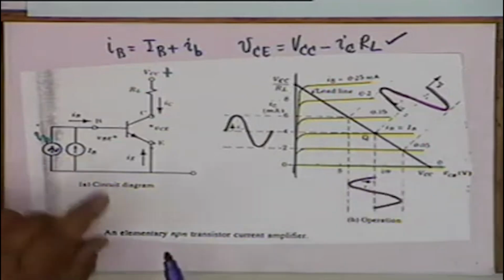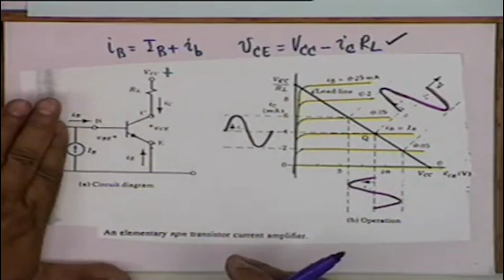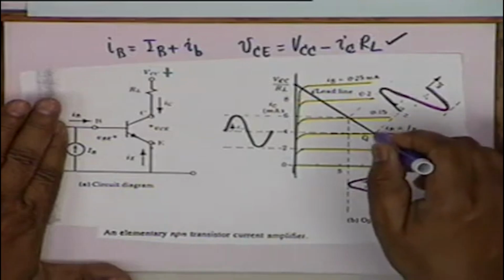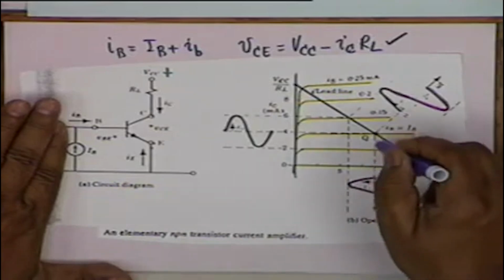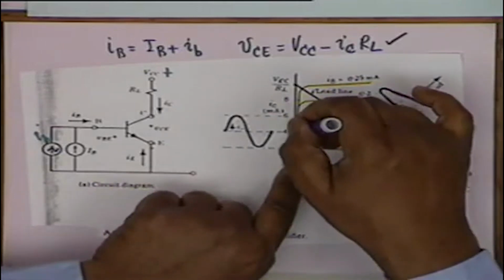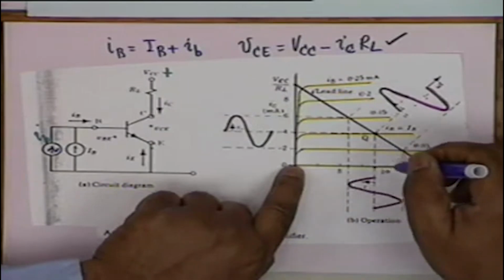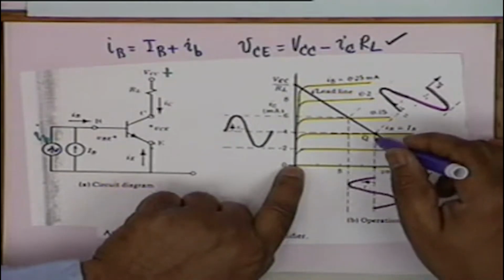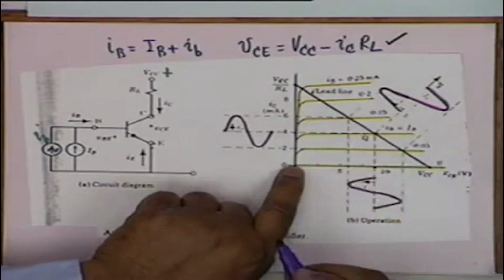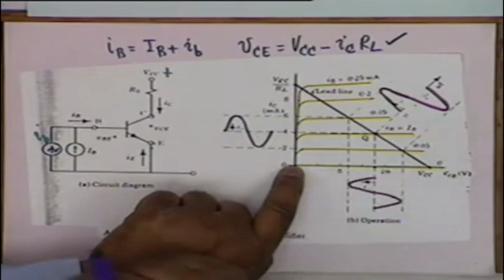This is the point, and this is my Q point. Left to itself, if there is no signal current, the transistor will sit at this point. That means its VCE would be equal to this, about 8, and the collector current would be about 4 milliampere. So 8 volt and 4 milliampere, that's where the transistor will sit.